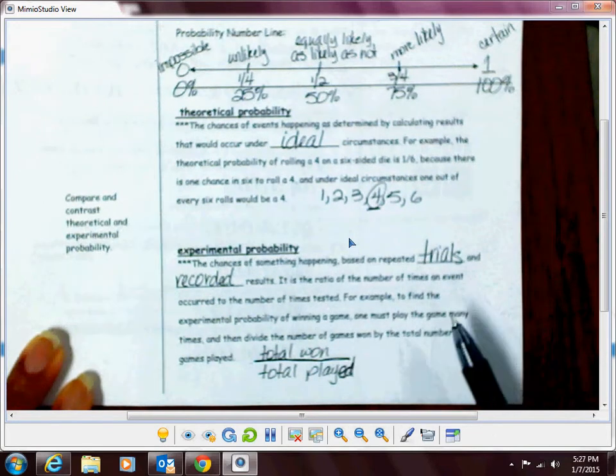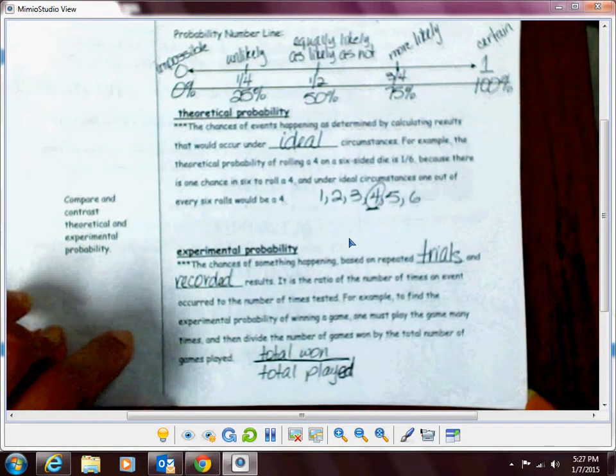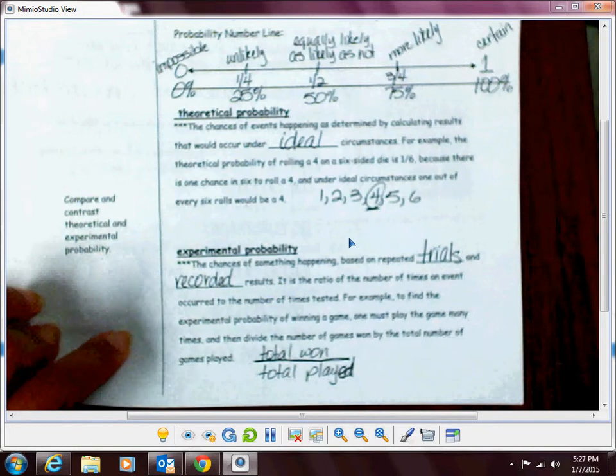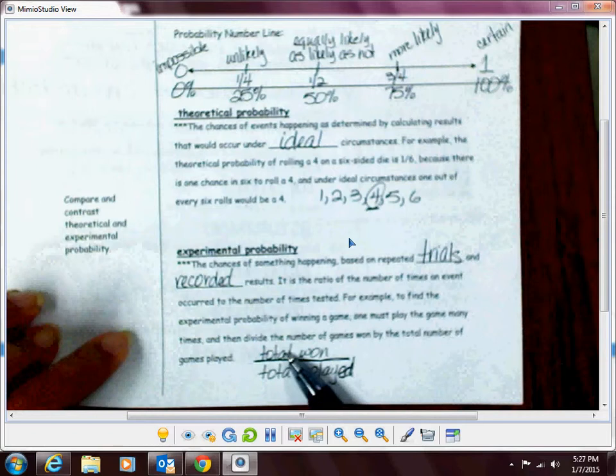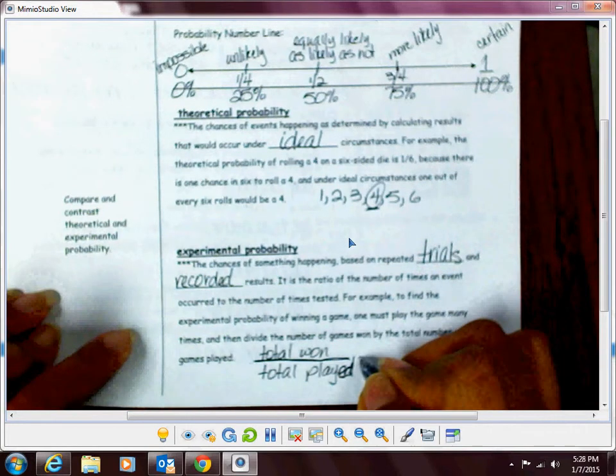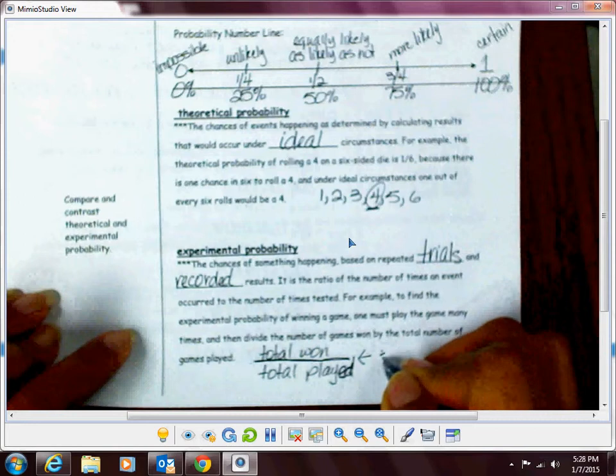And then they gave you this example of finding the experimental probability of winning a game, where you must play the game many times and then divide the number of games won by the total number of games played. So your probability would look like a fraction in this case, or in every case basically, but the total won over the total played is where the division comes in, because remember that this bar right here means division.